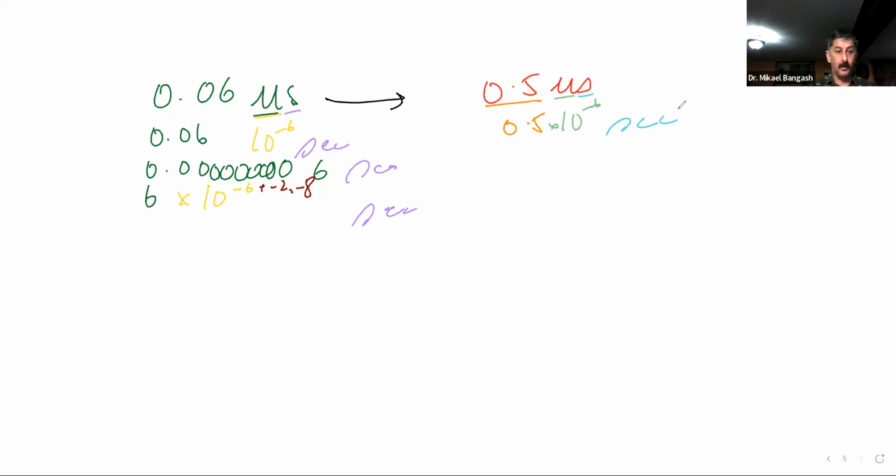Or you could write it as a pure decimal number, where you have your 6 decimal places like this, and then you just add 5, or 0.5, which is going to be another 0 and a 5. Of course, here the unit is a second.